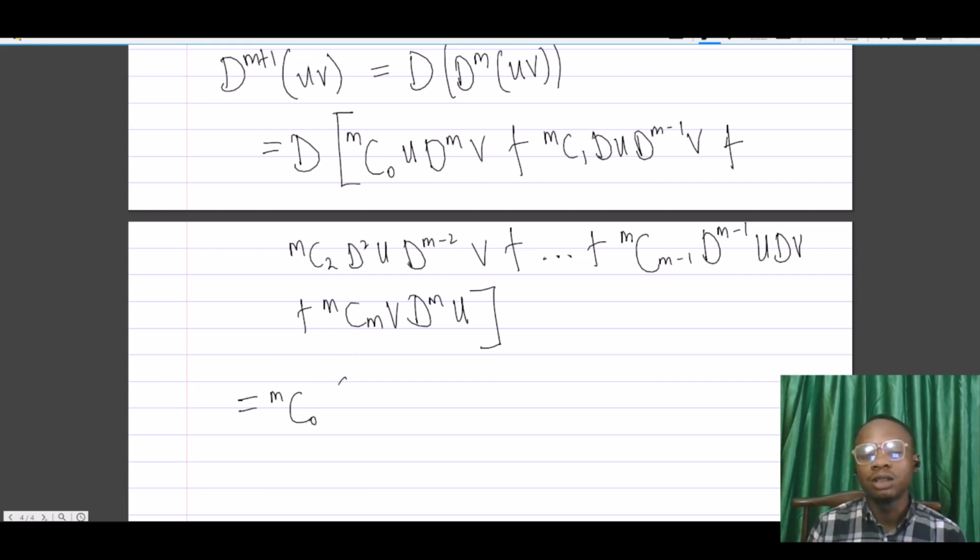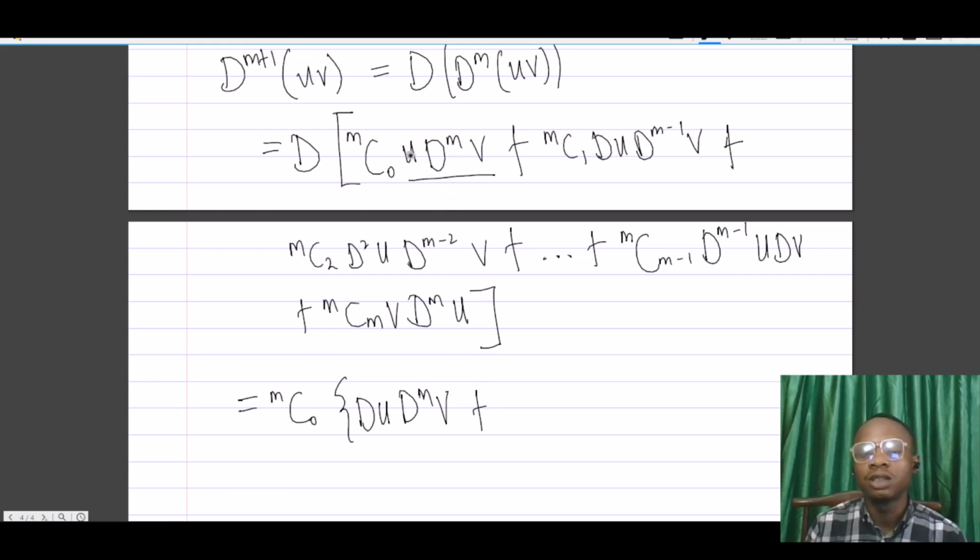This will be a product of two functions on its own, so we can use the product rule again to expand this. So we can differentiate this first. When we do that, we are going to have du, then keep this constant, that is the mv, then plus keep the mv constant and differentiate u.